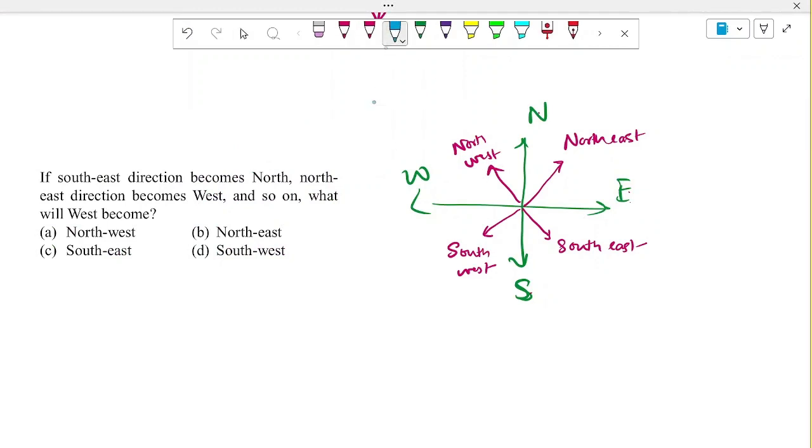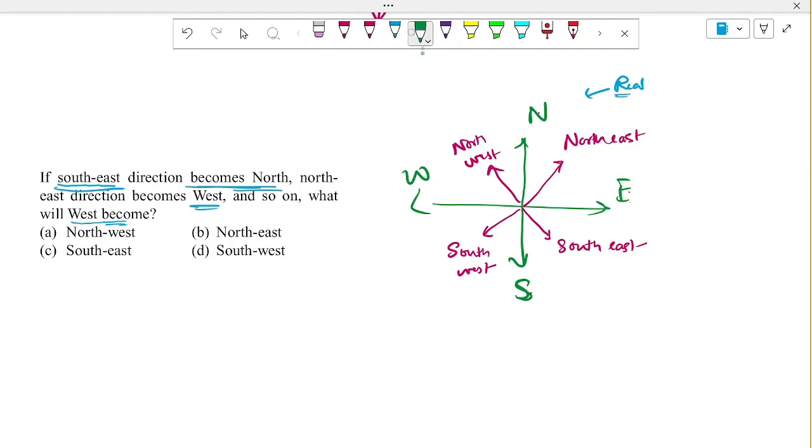Here see, they have transformed the direction. If southeast becomes north and northeast becomes west and so on, then what will west become? It means this is the real one. They have modified it to some other direction.